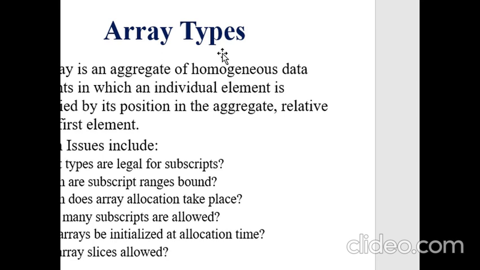Array means homogeneous. Yes, it stores an integer data type or floating data type or char data type, and at a time only a single data type is stored in memory. There are different types of arrays: one-dimensional array, single-dimensional array, multi-dimensional array. Next, structure.